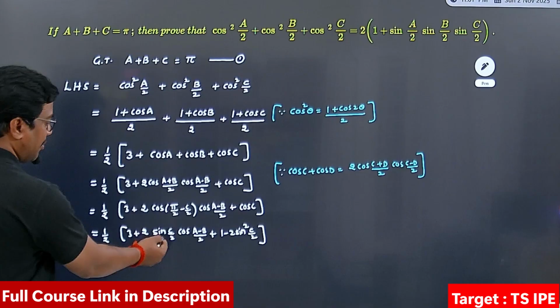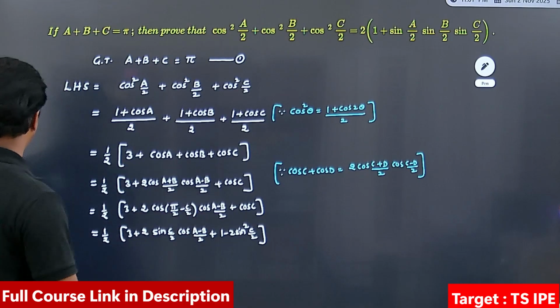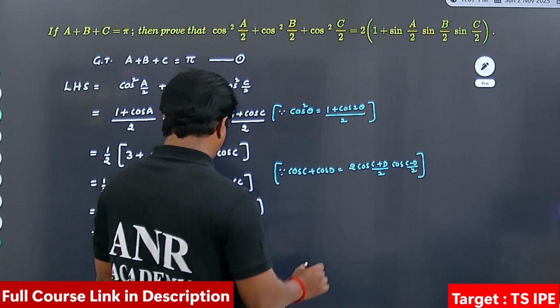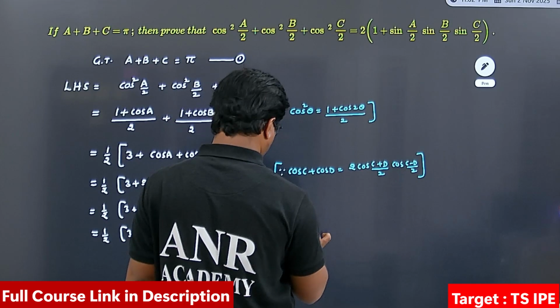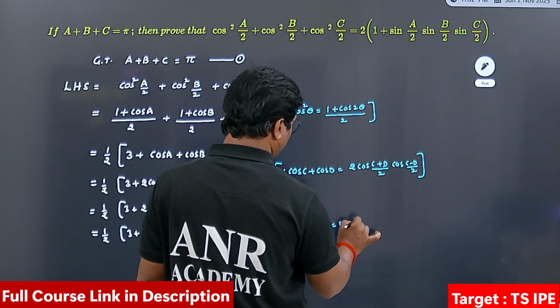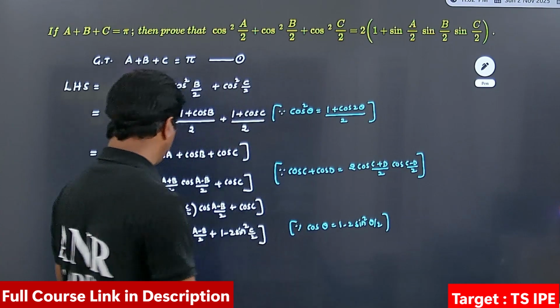Why? Because here you have sin C by 2. Due to that reason cos C is written as 1 minus 2 sin square C by 2. You know that cos theta is 1 minus 2 sin square theta by 2.